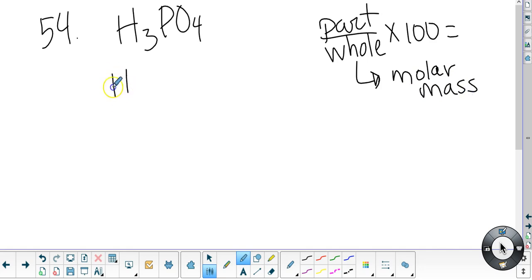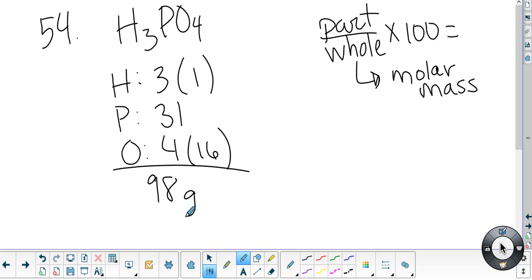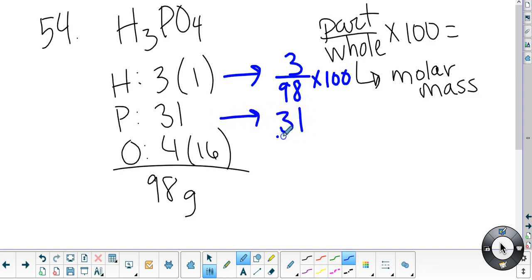Okay, so first thing you would do, same thing you did for your molar mass, because you need the molar mass. So you have 3 hydrogens times 1, 1 phosphorus, 4 oxygens, and when you add that all up, you get 98 grams. So the percent composition then is each piece. So hydrogen, you would do 3 over 98 times 100. Phosphorus, 31 over 98 times 100.